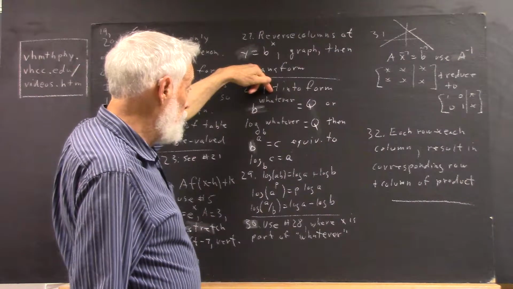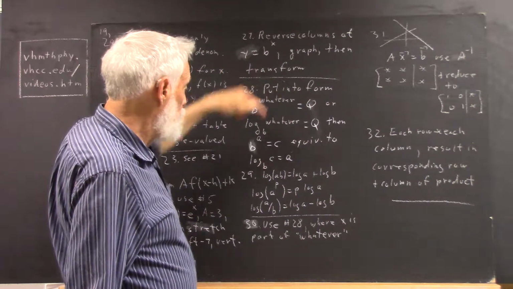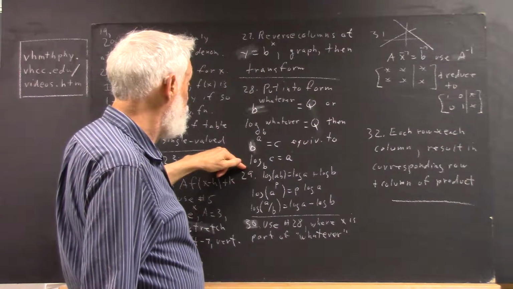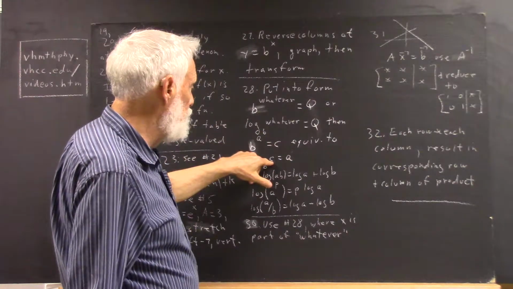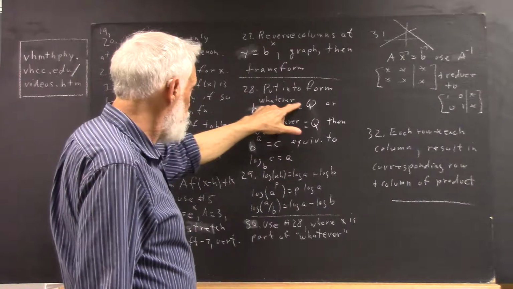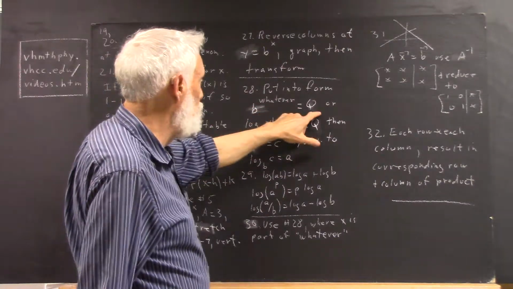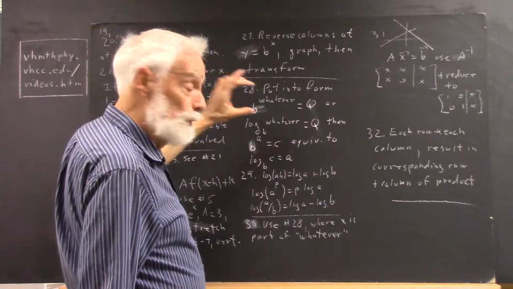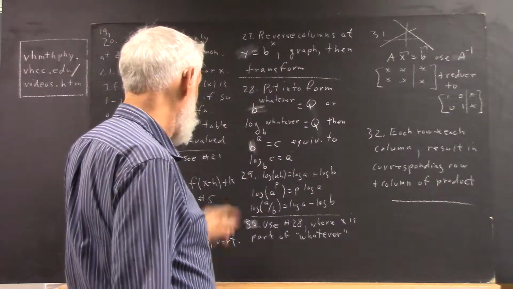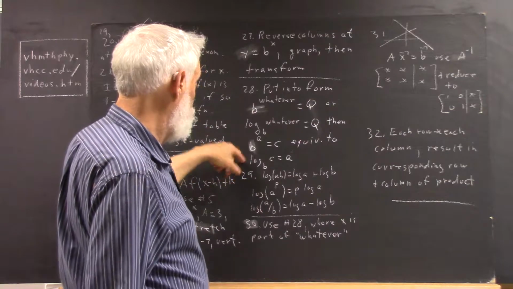Well, if that's the case, you convert this to logarithmic form. So b to the a equals c is equivalent to log base b of c equals a. So this is equivalent to log base b of q equals whatever. Now your x is someplace where you can operate on it. So that's one way of doing it.